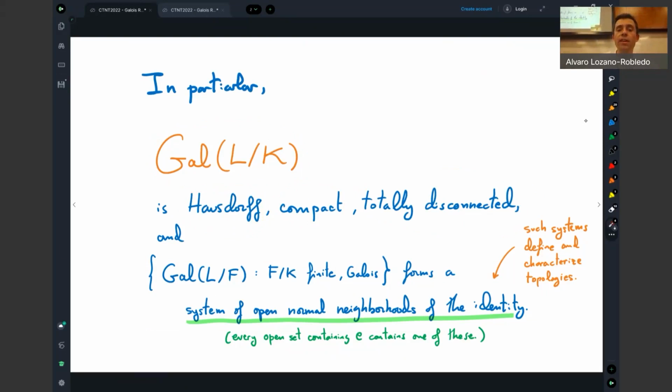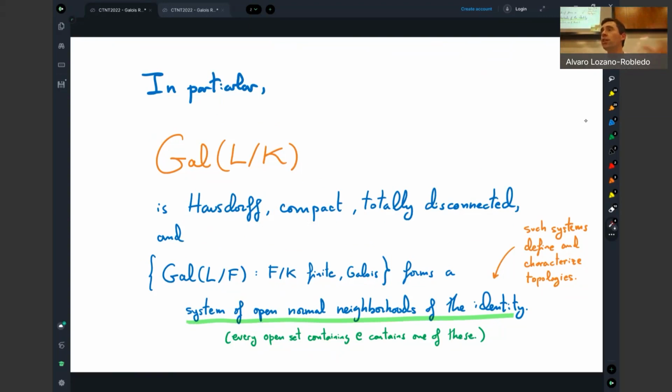If you take intermediary extensions, just finite without the Galois condition, that forms a basis of open subgroups of neighborhoods of the identity. If you on top request that the field F is finite and Galois, this forms what we call a system of open normal neighborhoods of the identity.